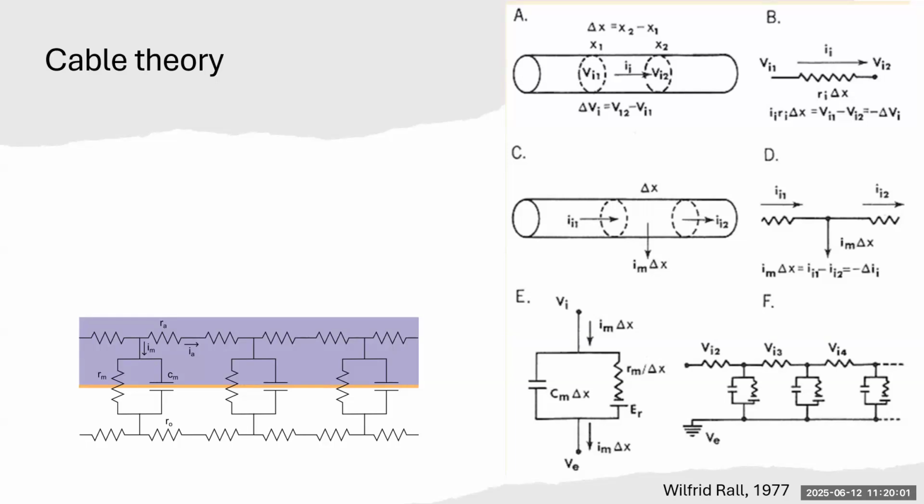Now, if you think of what the voltage difference would be, delta V, it will be IA into RA. Okay. Now, if the distance is x and RA is per unit length resistance, then your total resistance is RA times delta x.